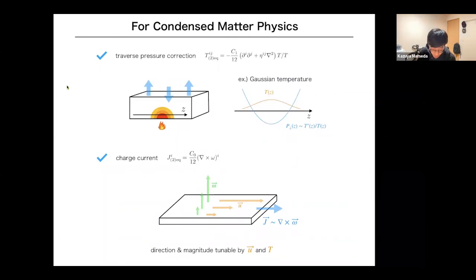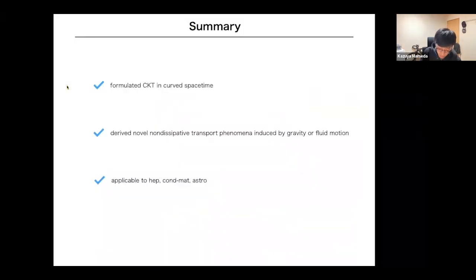So they are very tunable effects, externally tunable by the fluid velocity U or temperature profile T. So in that sense, we can expect that this phenomenon is actually observed in realistic material.